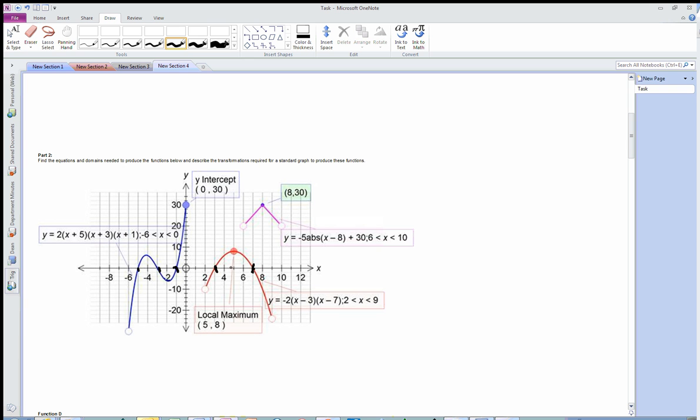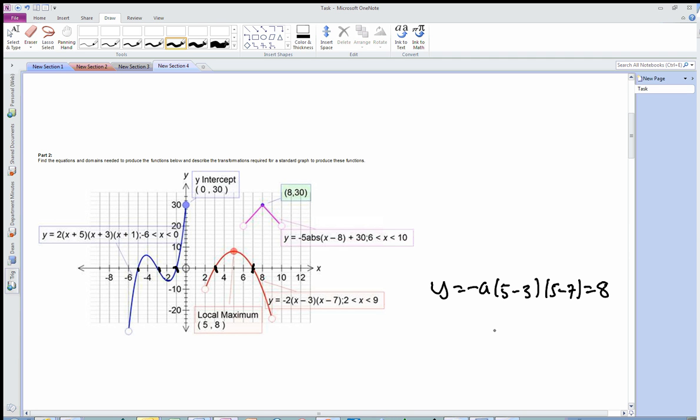Now if we actually go across to here, 5, 8, all we have to do is substitute this in. So we've got y equals, we know it's going to be a negative because it's upside down, so y equals negative a into 5 minus 3 into 5 minus 7, and all of this is supposed to equal 8.